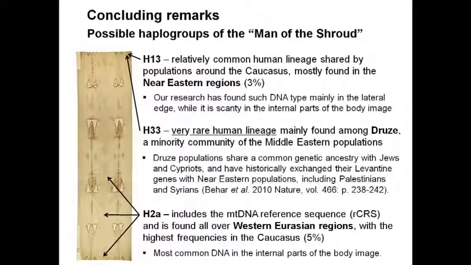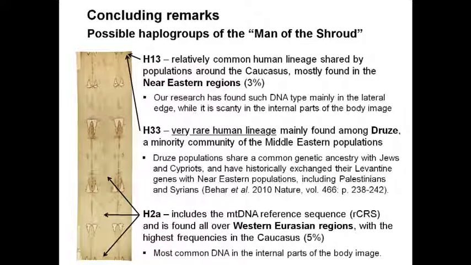A relatively recent paper, but an important paper, found that Druze populations share a common genetic ancestry with Jews and Cypriots and have historically exchanged their Levantine genes with Near Eastern populations, including Palestinians and Syrians. Those data were published in Nature, a very important journal.